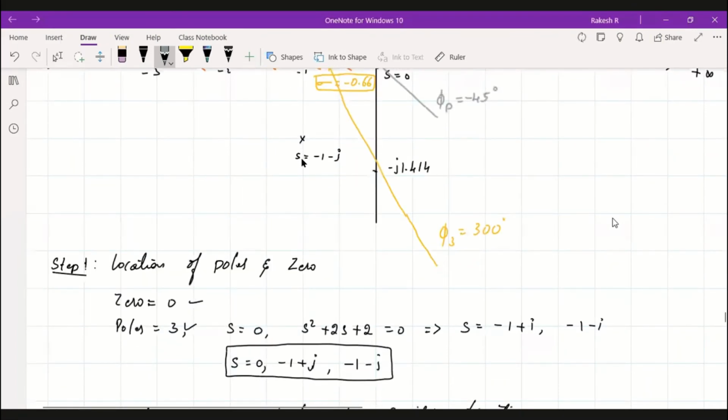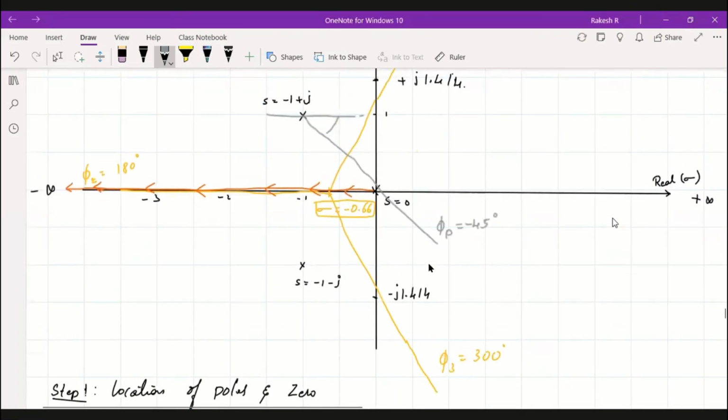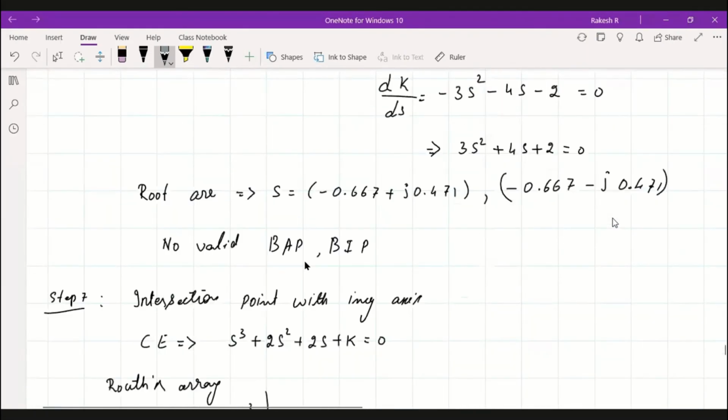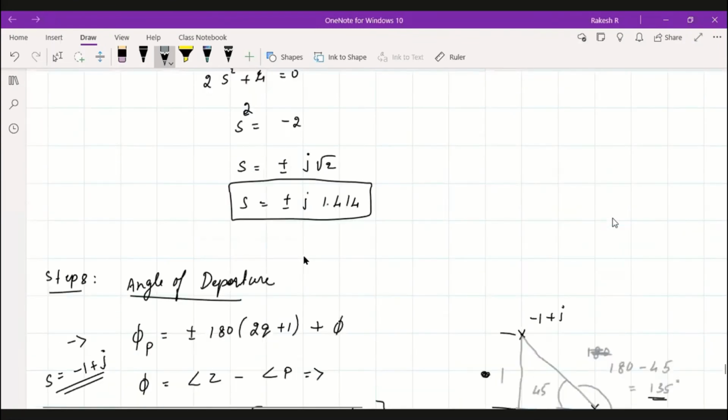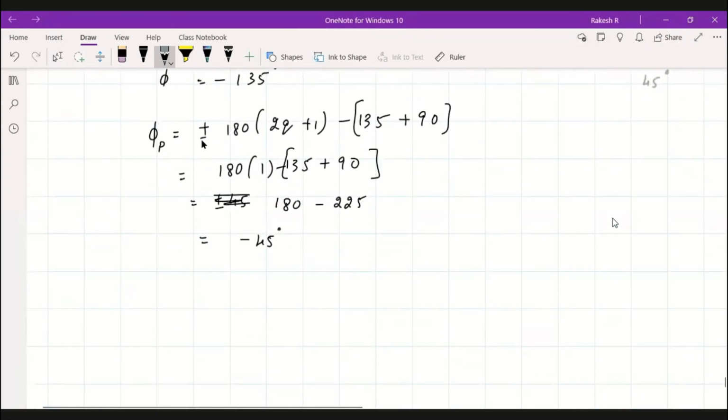Similarly, you need to do it for this. This is minus 45 degree, and this will be plus 45 degree like this. Sir, but it is actually plus or minus. Yes, plus or minus means one for the above pole and another for the below pole, because it will be symmetric.